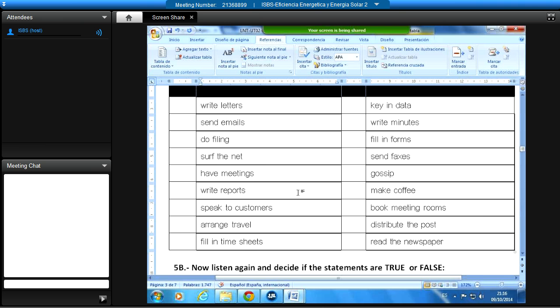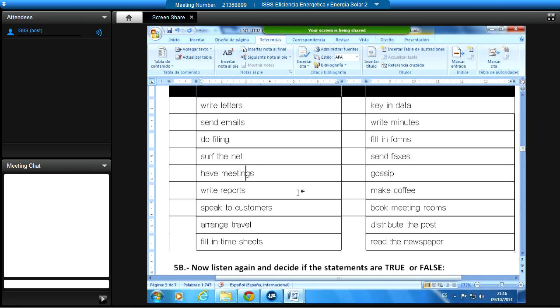To write minutes of a meeting, the minutes of a meeting is a summary. Have you been to business meetings, like a formal meeting? Then somebody is a secretary who writes the minutes, a summary of the information. Actas. Okay. To fill in forms.